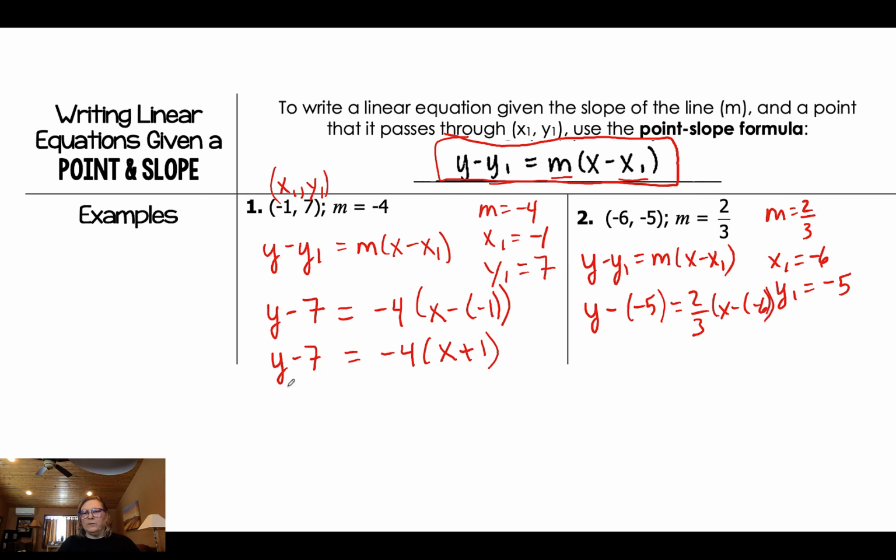Notice again I use those parentheses around negative numbers just to remind myself. Okay, so y minus minus 5 becomes plus 5 is equal to 2/3. We have x minus minus 6 becomes plus 6. And there you go. There are your 2 lines. So the nice thing about videos, you can always pause and go back, but hopefully you took the time to try to do that on your own.